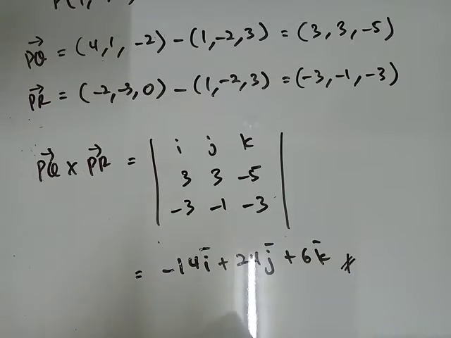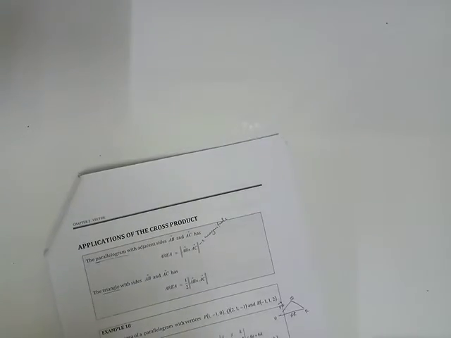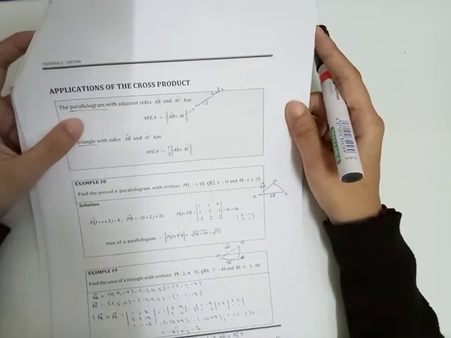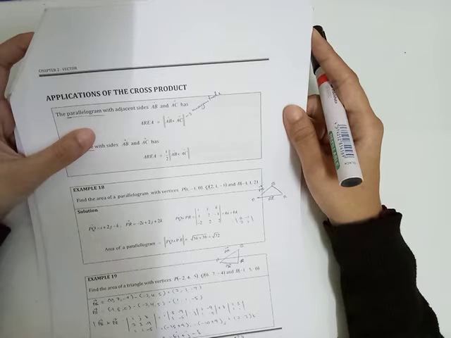So, and then next, applications of the cross product. If you look at the notes, on the next page, the parallelogram with adjacent sides AB and AC.